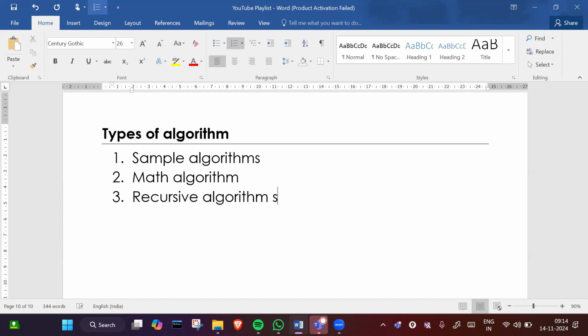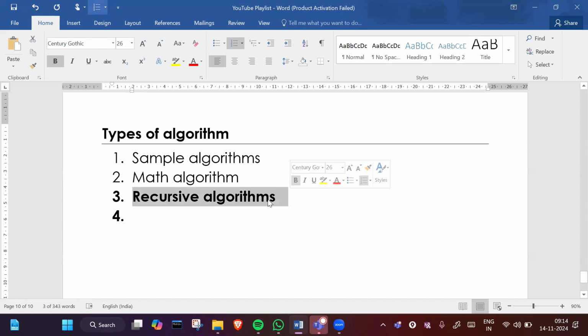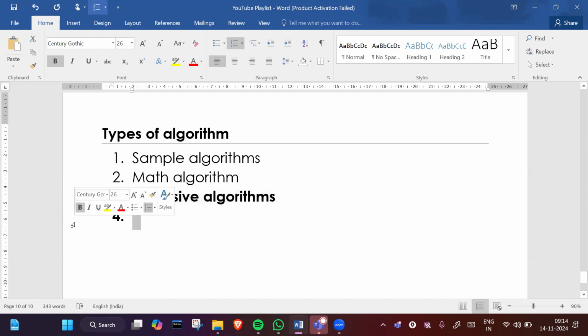If you know the recursive algorithm, we can say it is like 50% of data structure. It is one of the important algorithms. If you know recursion properly, you can do wonders in DSA. So recursive algorithm is really important, right?